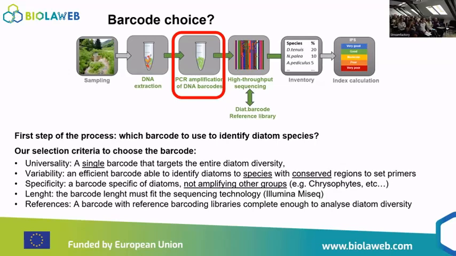Perfect. Thank you. Do you agree with this definition? Yeah, okay. So that's it. An efficient barcode able to identify diatom species, with conserved regions flanking this variable region to set the primers. Thank you very much, Milos.